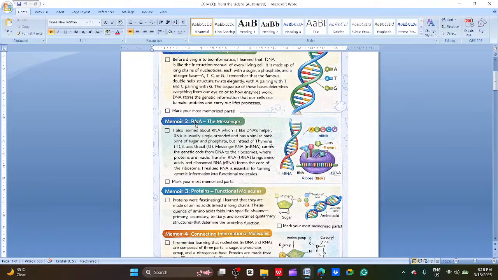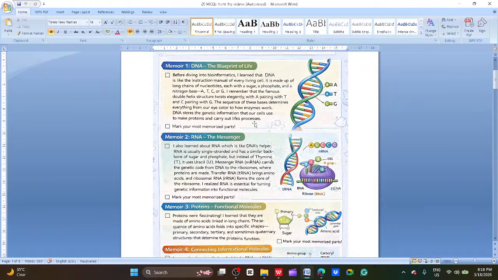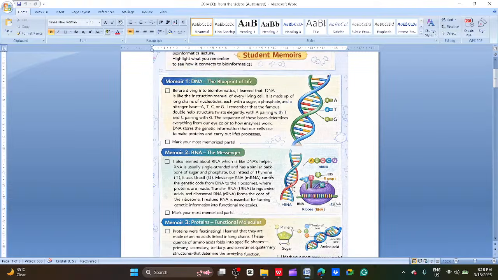Then another thing is RNA. RNA is single-stranded, and there are three types of RNA. The first one is transfer RNA. The second one is ribosomal RNA, which is like a factory. And the one that is like a piece of ribbon is messenger RNA.